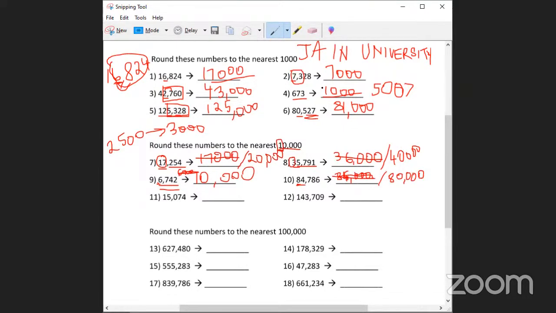Yeah. So next one is 15,000 and the nearest 10,000 place, since it is more than 5,000 for 5,074. So it's more. So the nearest one is 20,000. Clear with that?